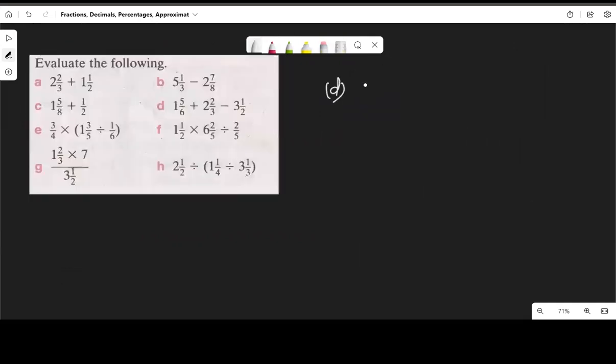This is 1 whole number 5 over 6 plus 2 whole number 2 over 3 minus 3 whole number 1 over 2. Here we are going to apply BODMAS: brackets, division, multiplication, addition, and subtraction. The subtraction comes last in BODMAS.